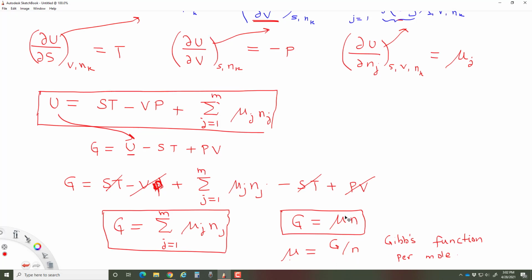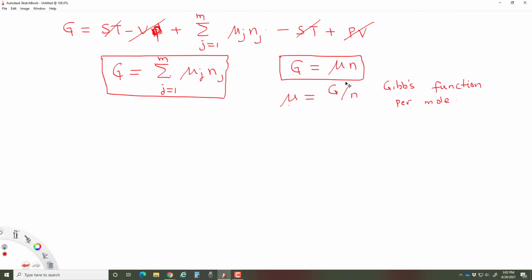Now let's take the differential of this equation. We have again U is equal to ST minus PV plus the summation of mu j n j, where j goes from 1 to m.